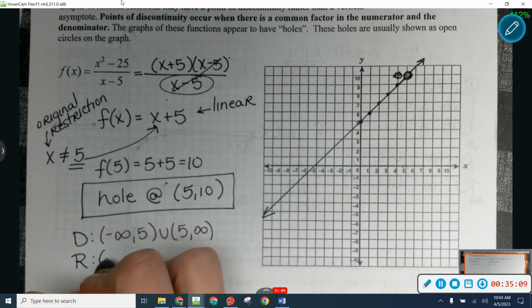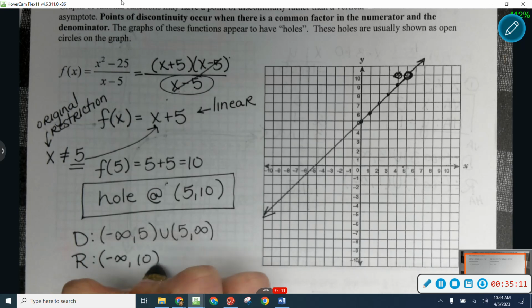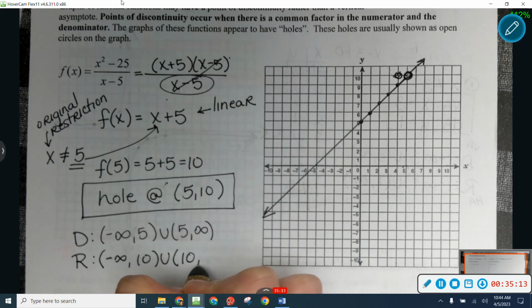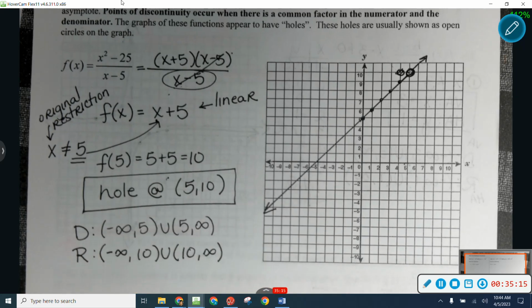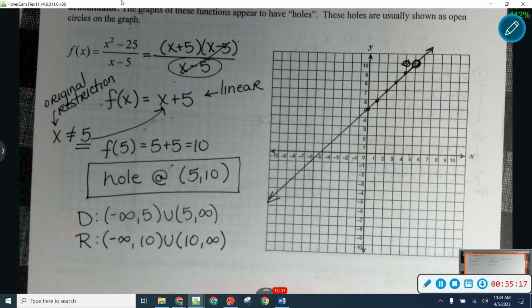So interval notation would say negative infinity to 10, and then 10 to positive infinity. Okay? Questions on that? It's simple. Okay? So you're not going to have a quiz over just this one. When I teach y'all the second part of 8.2, you'll have a quiz over 8.1 and all of 8.2. Okay?